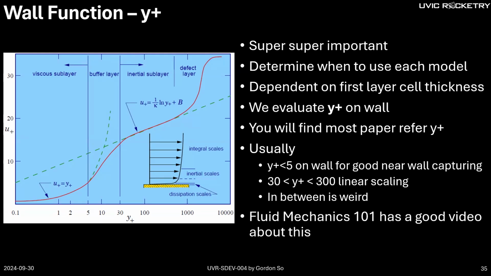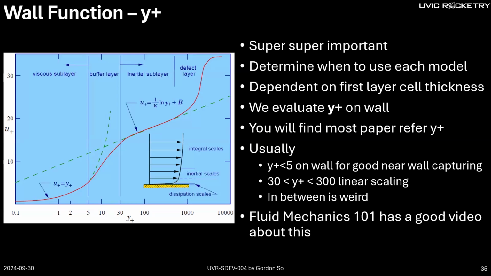Of course, you want to avoid this range because there's no model that really describes this region. So this is really driving how you do your meshing and how you solve it. And we'll also cover how to do an educated guess at the end.